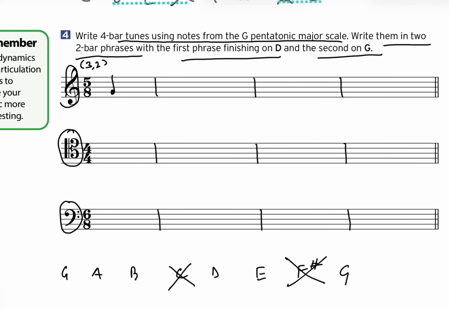Okay, now from here, let's take A quarter note, and then we can take D as a quarter note.